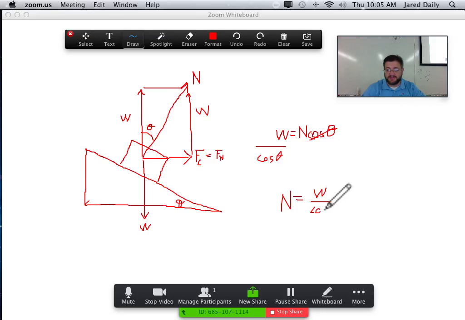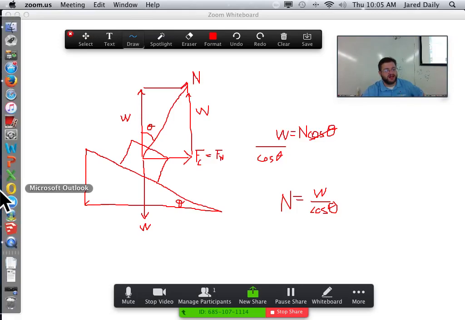And the reason it becomes divided by is because we didn't rotate our axes like we have before. Before, we wanted to rotate the axes because it made it easier, and we didn't want to mess with dividing by things. But now it makes it easier to not rotate the axes, to write the weight as a component of the normal force, and then calculate the normal force from the weight divided by the cosine of theta.